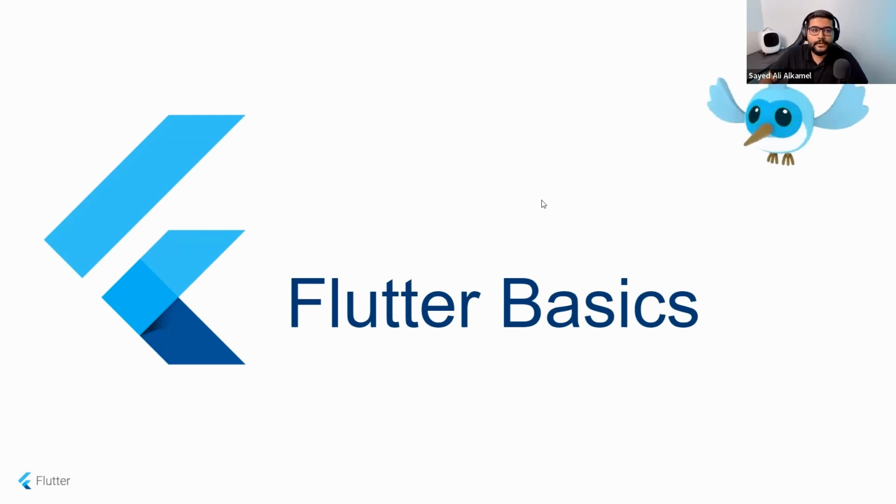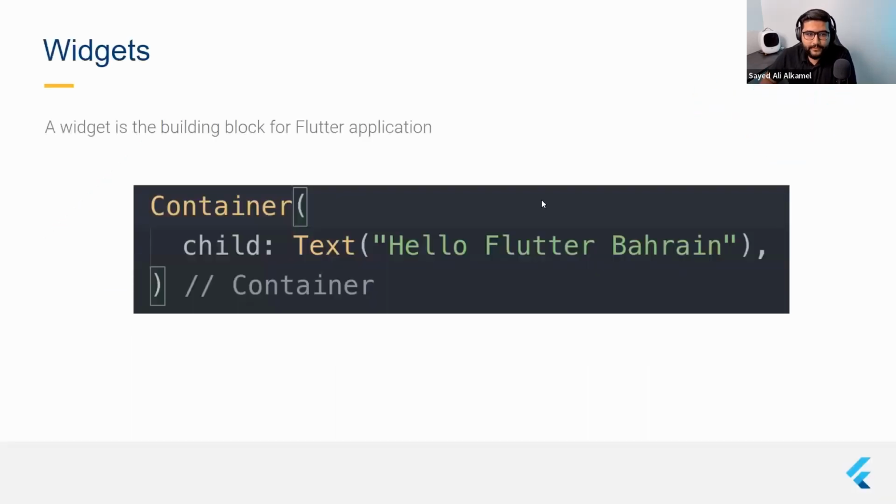Okay, so let's get started with the basics. In Flutter, everything is a widget. A widget is a small piece of code that describes the UI or the interface. This is an example of a widget called Container. You start with the widget name, and every widget has its own parameters.